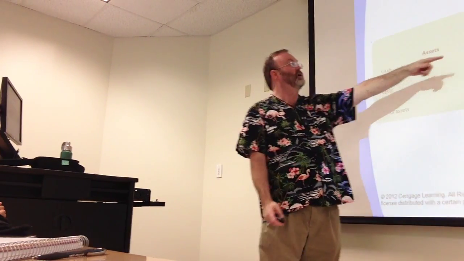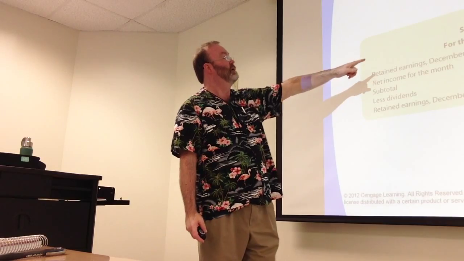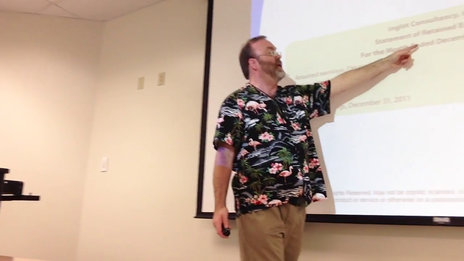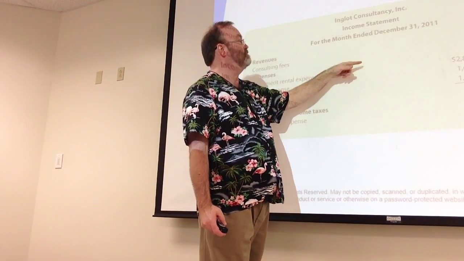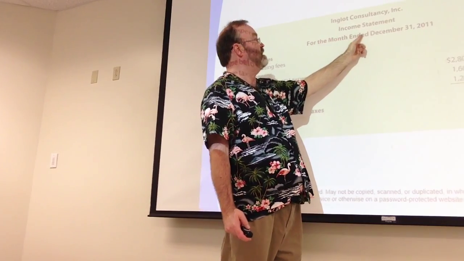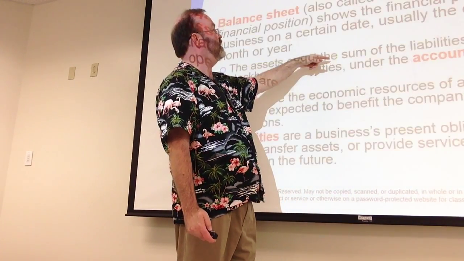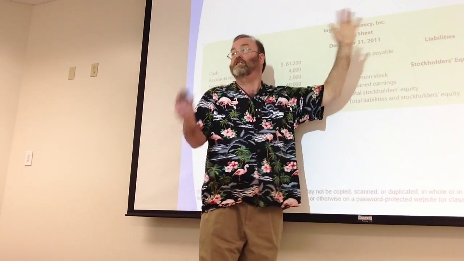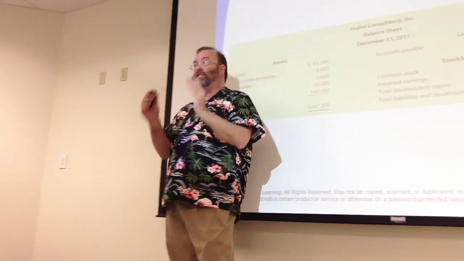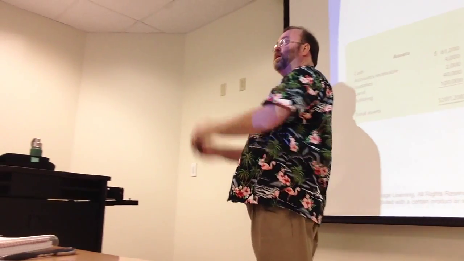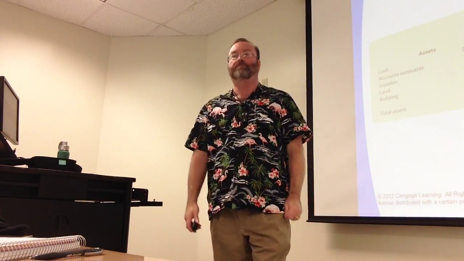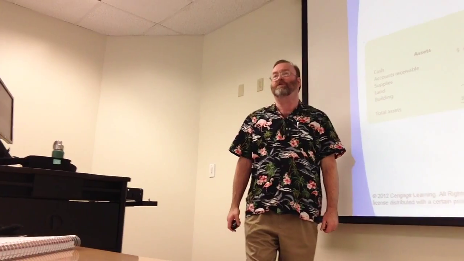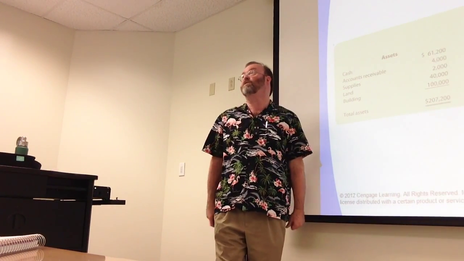And you'll see here, this says for the month ended, as did the income statement, whereas the balance sheet is just December 31st. It's not measuring activity. It is not for the month or for the year ending. It's just December 31st. And that's a key difference.